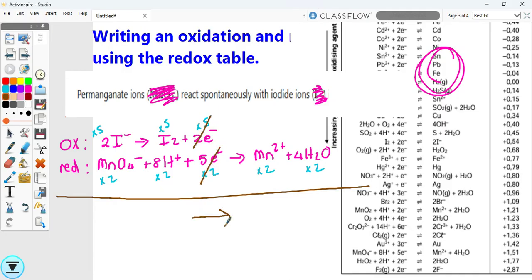I put my arrow. I actually like writing the arrows underneath each other, because it just becomes neat, makes it easy for them to give you marks, and helps you sort your brain out in exam stress. So there would be 10 I minuses on this side.